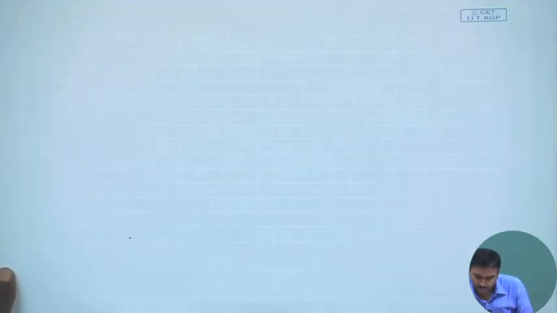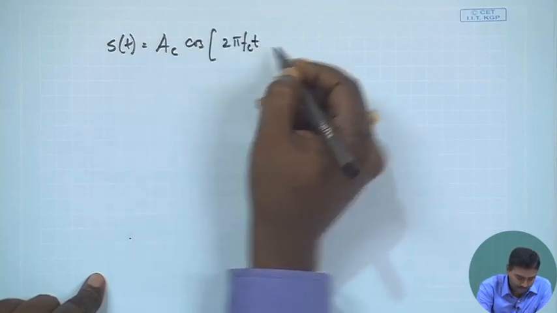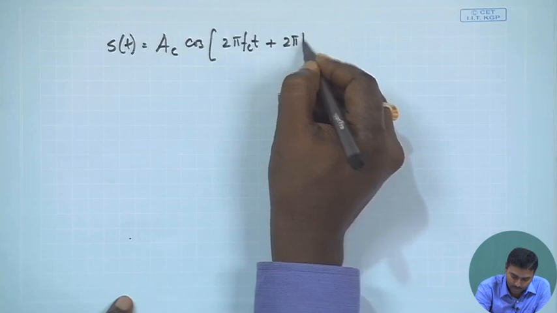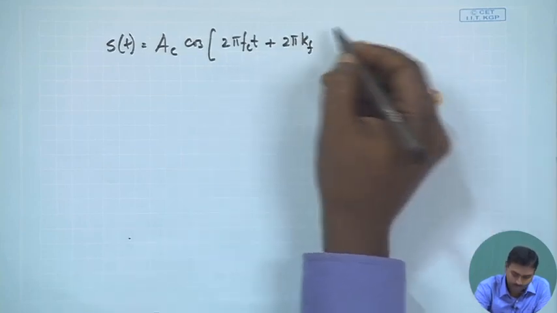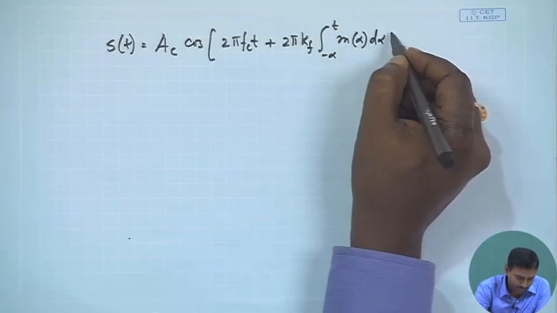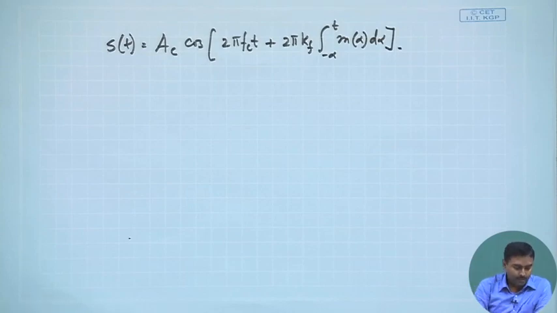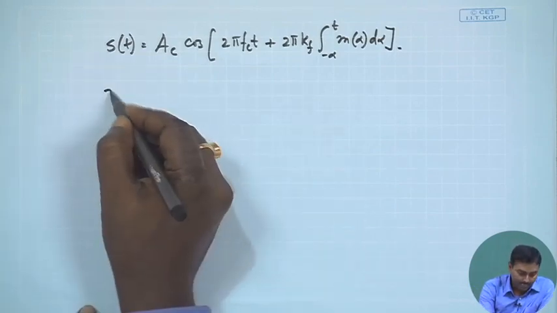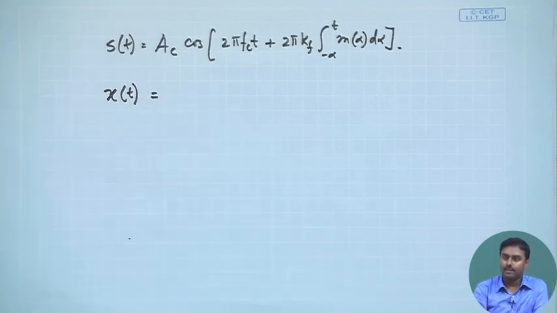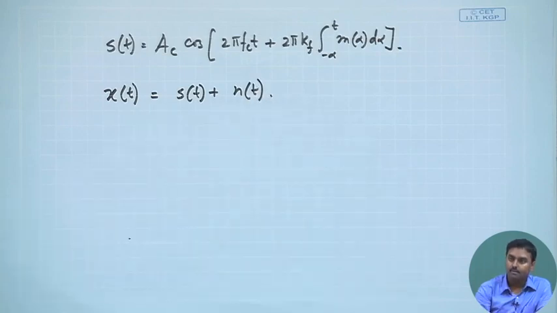So, immediately what we can write is our S(t), that we know already, it is Ac cos(2 pi Fc t plus 2 pi kf integral from minus infinity to t of m(alpha) d alpha). That is the FM modulated signal. Overall signal, that is x(t) after the band pass filter, will be this S(t) plus N(t), right.